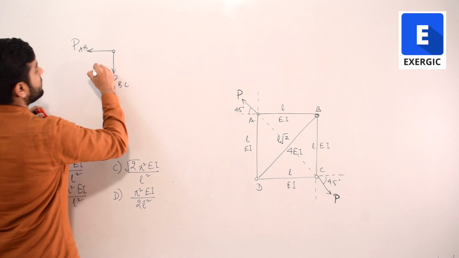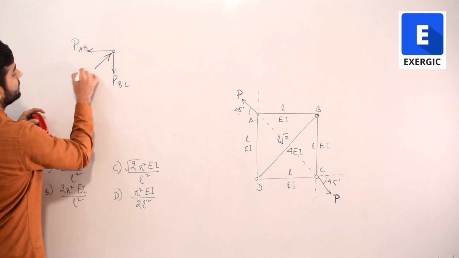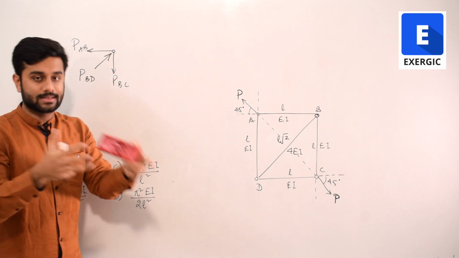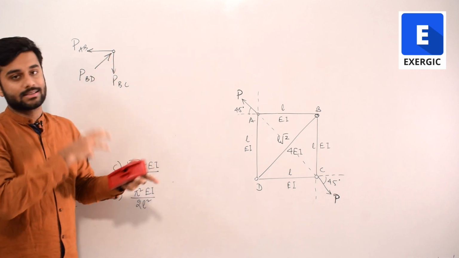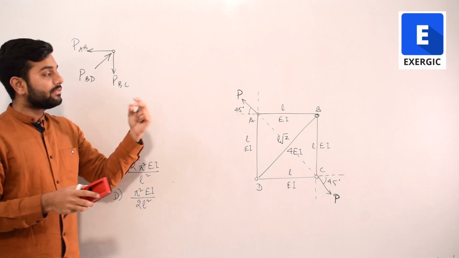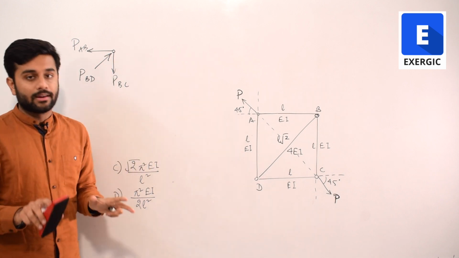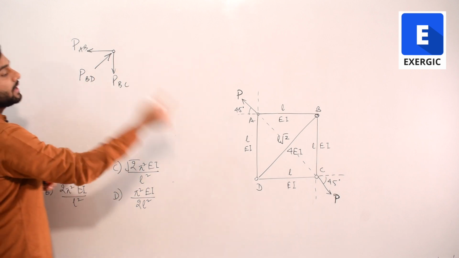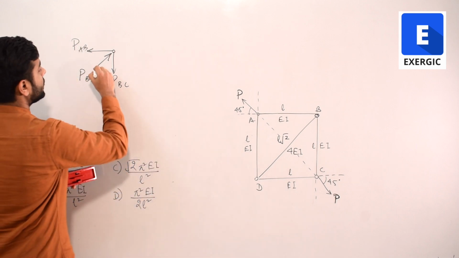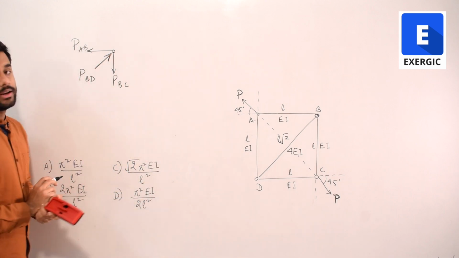So for compression, we have to draw it like this. Again, I'm not going into the basics of trusses here because that's not what we are discussing. What small mistakes can you make in drawing the free body diagram? That I'm not discussing here. So if we are considering BD to be inherently compressive, this is how we are going to represent that in the free body diagram.